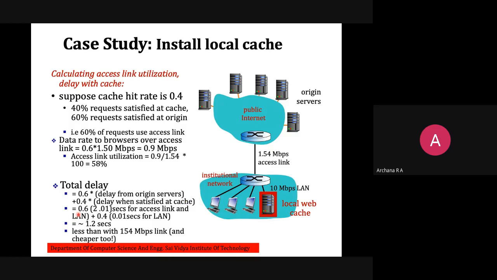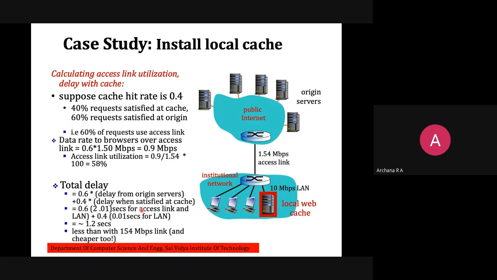So 0.6 times 2.01 seconds for the access link and the LAN. The local area network is able to satisfy all the requests in 10 milliseconds. That is the assumption we have made.